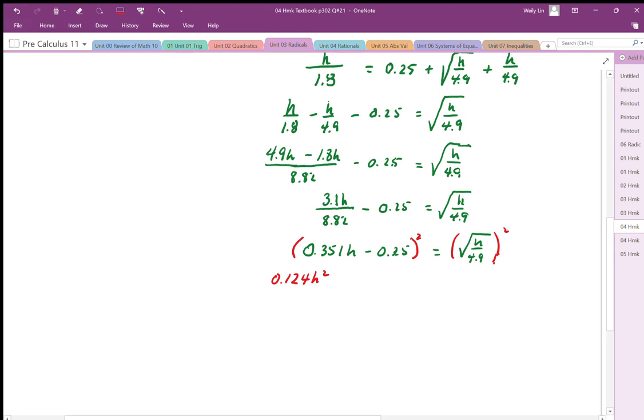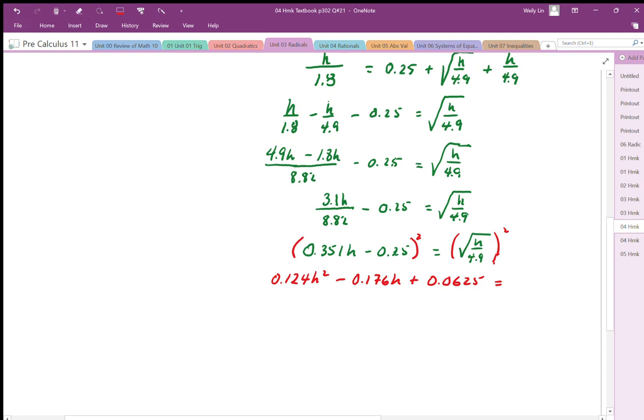When I expand this out, I'm going to have 0.351 times 0.25, and I'm going to have two of those terms, so I'm going to end up with negative 0.176h, plus 0.25 squared gives me 0.0625.